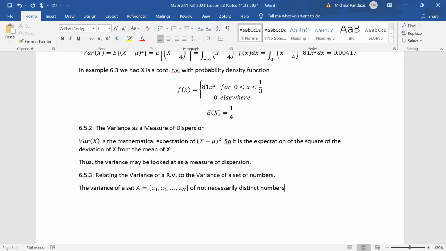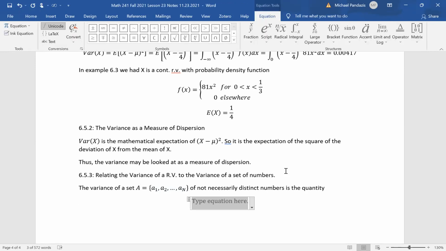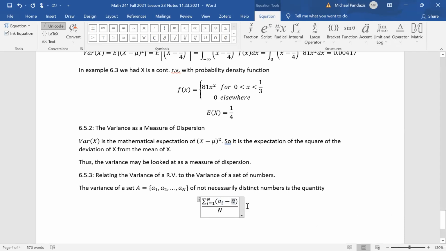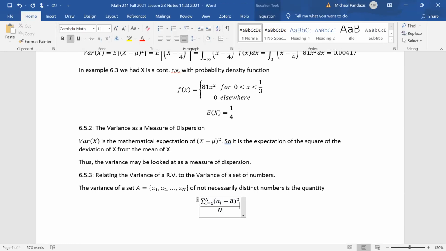So those A's could be repeated. The variance is equal to the fraction where the denominator is capital N, and the numerator is the sum from i equals 1 to capital N of A sub i minus the average of the A's, which is denoted by A bar, squared. A bar is the mean.